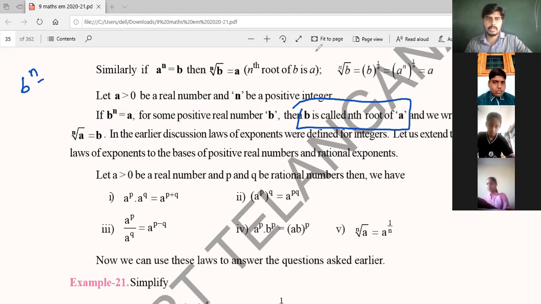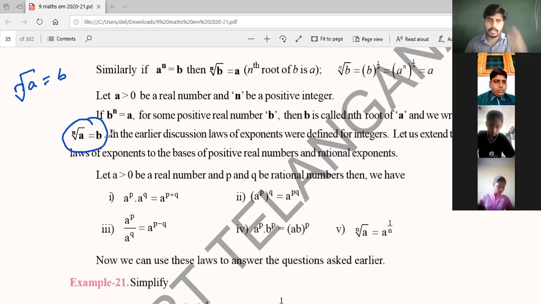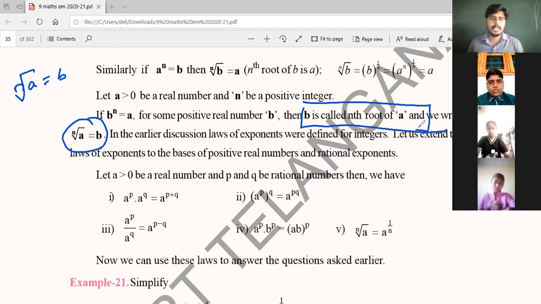Once again, I'm repeating. Nth root of a is equal to b. This we can write as b is the nth root of a. Clear, Nana?